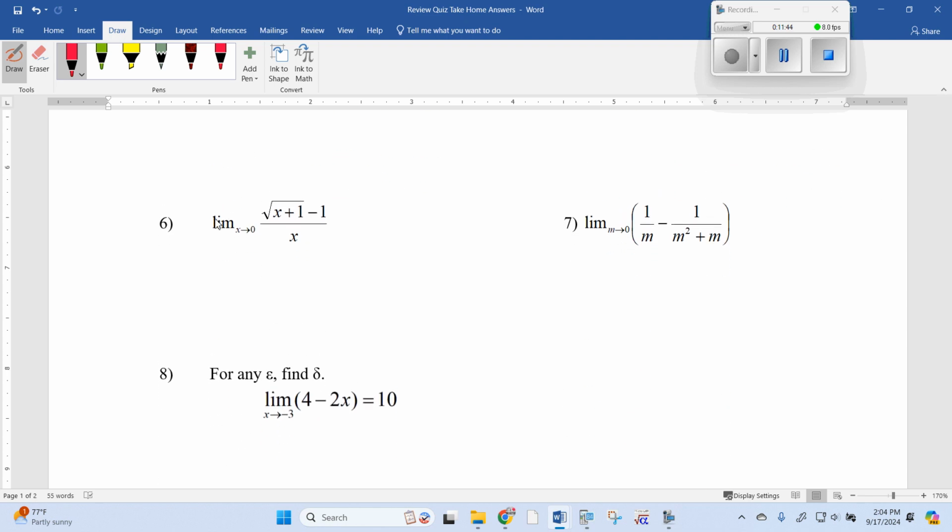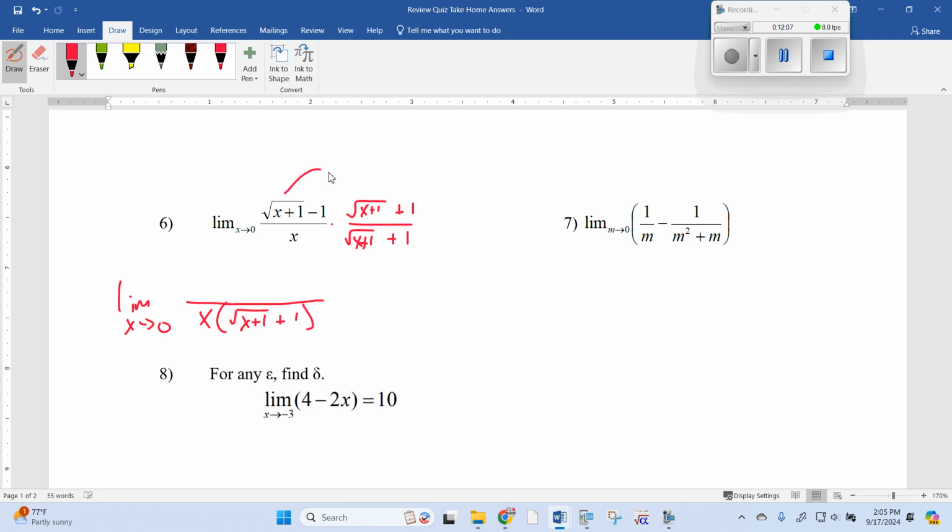We have another conjugate one, so we need to multiply by the square root of x plus 1 plus 1, square root of x plus 1 plus 1. When you FOIL the top, the bottom, nothing cancels, so we just have our two terms.